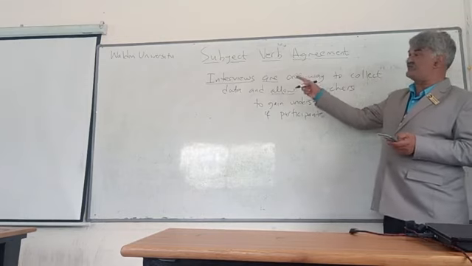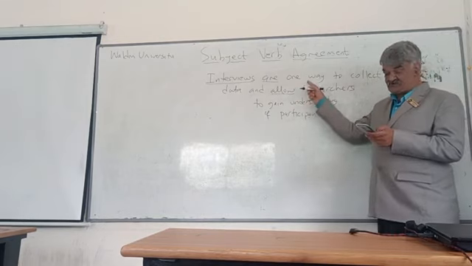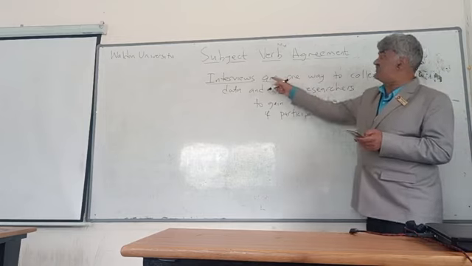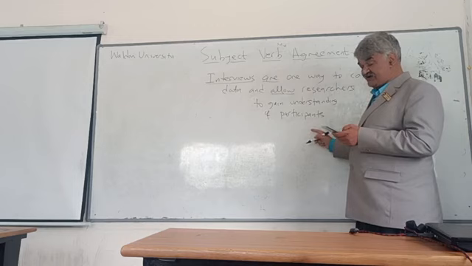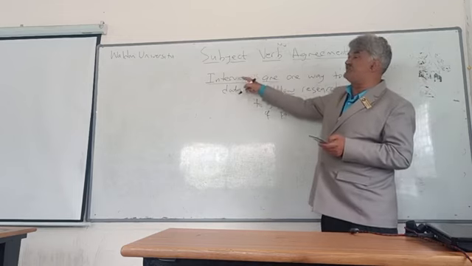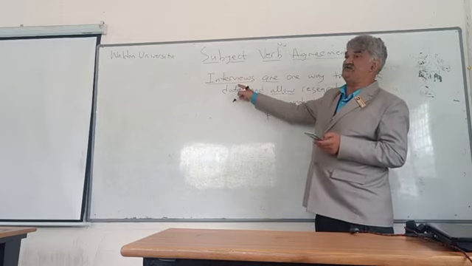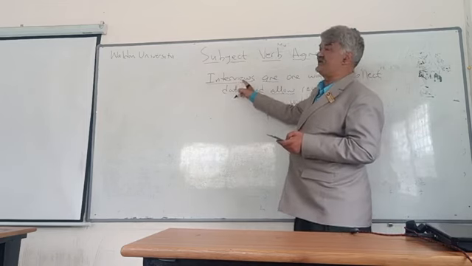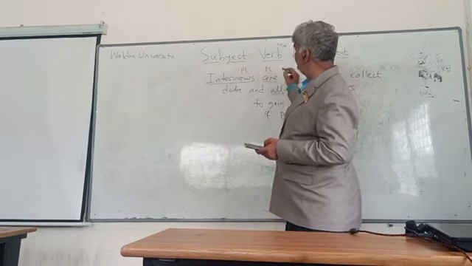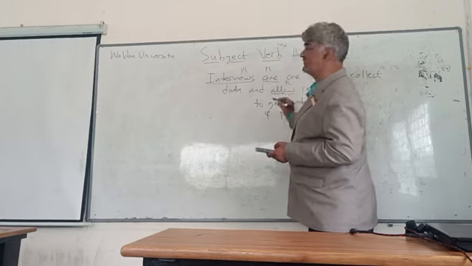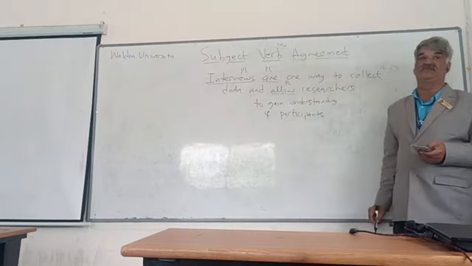When there is one subject and more than one verb in the sentence, the verbs throughout the sentence must agree with the subject, right? So this subject interviews is plural, the first verb is plural, the second verb is also plural, right?